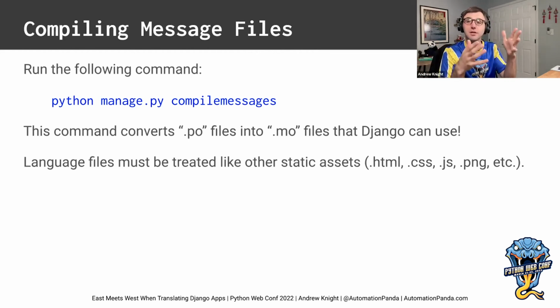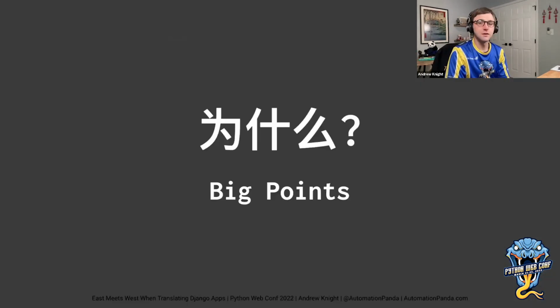So you'll need to make sure that, let's say, when you deploy to Heroku, you put them in a static file directory where they can get uploaded. Depending on the platform you use, I think there's a special hidden directory name you can use for your language translations. So that's basically how we do translations in Django.